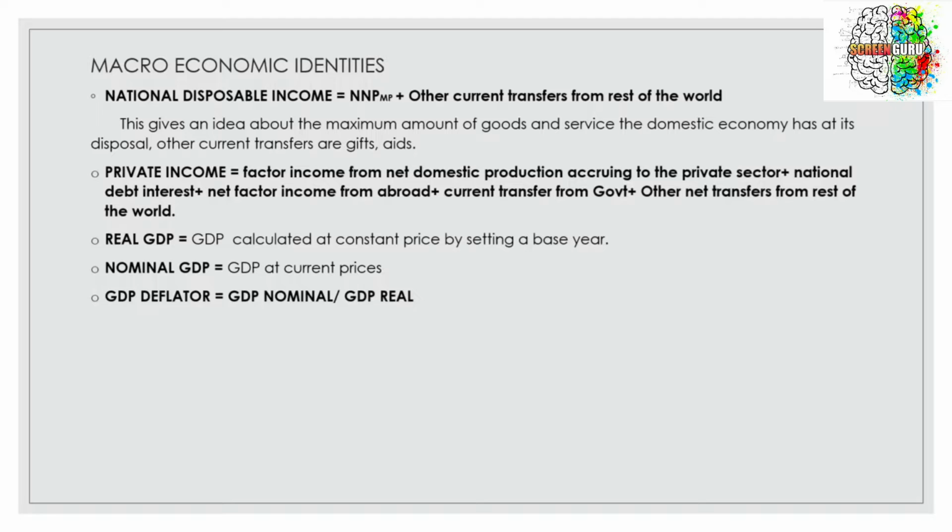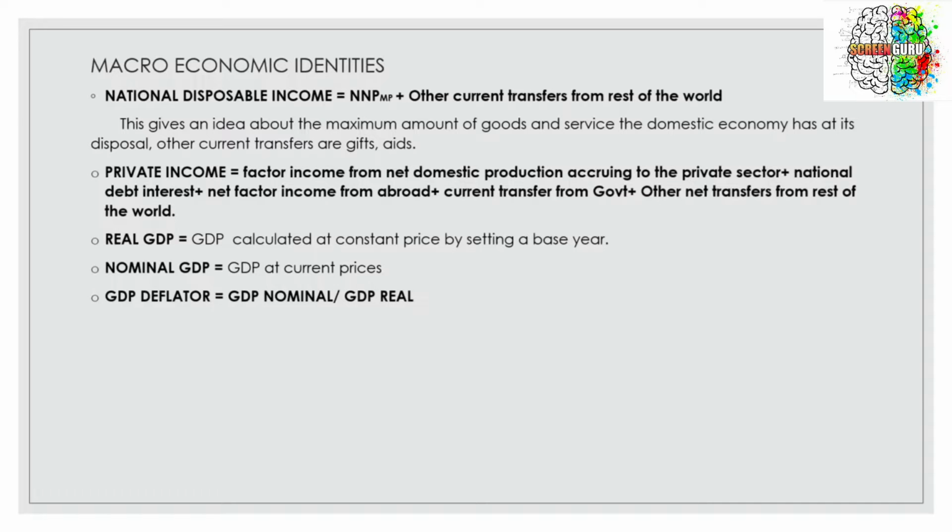When we are calculating GDP, we are calculating it on the assumption that the price of goods and services does not change during the period of our study. So basically we consider the price of goods and services to remain the same within the year of study.